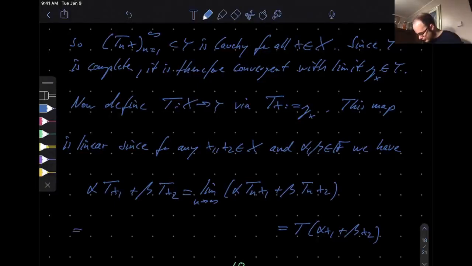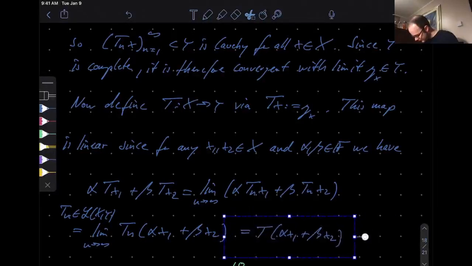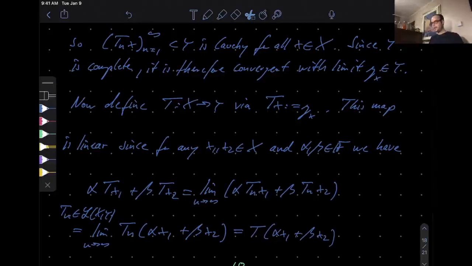So here I can now use the linearity of Tn. So this is the limit as n goes to infinity of Tn of alpha x1 plus beta x2. Okay, yeah, and that's it. Because that limit, by definition of T up there, is precisely equal to this. Okay? So that shows that T is linear. This map is linear.